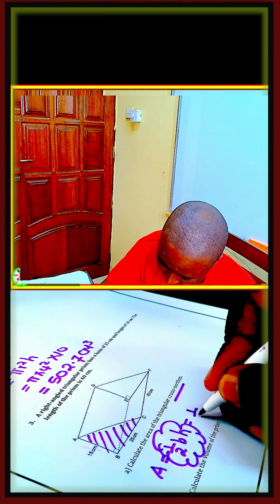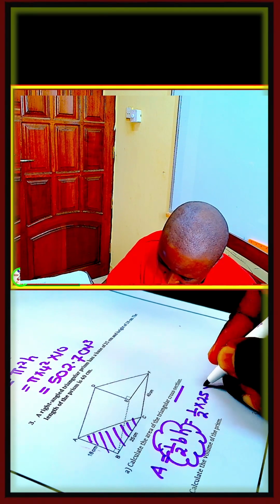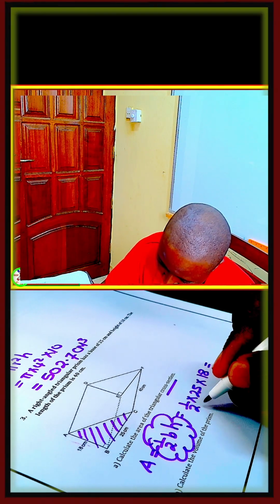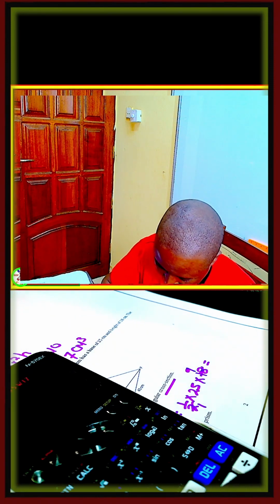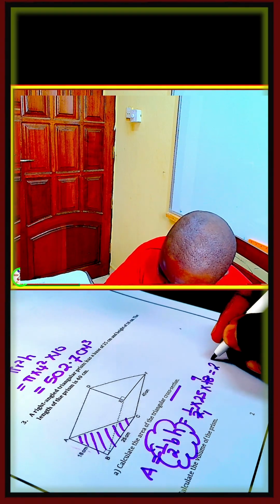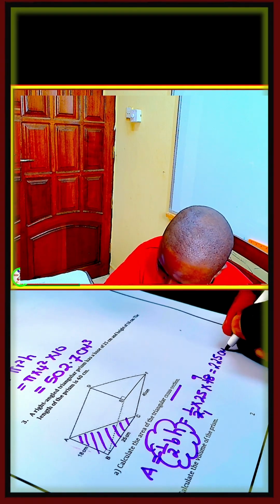The base is 25 and the height is 18, so half of 18 is 9. 25 times 9 will give us 225 centimeter square.